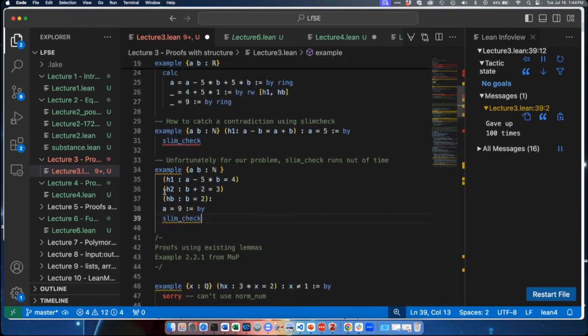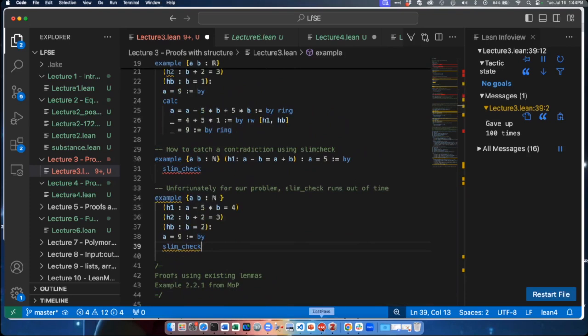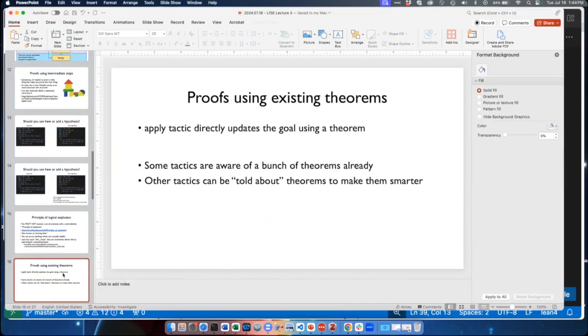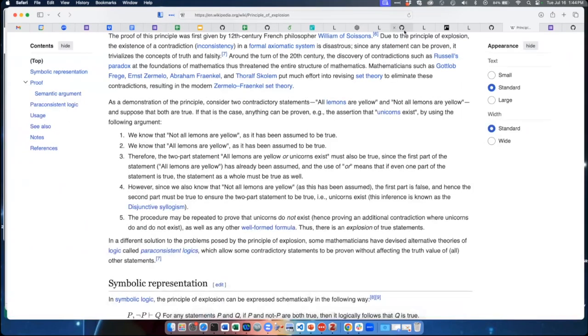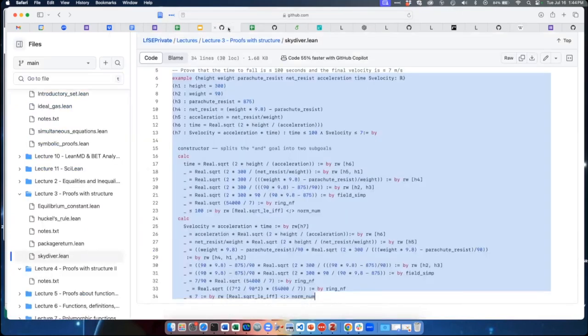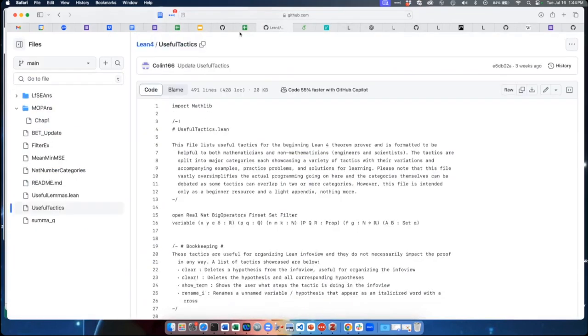All right, so next is using existing lemmas. So here we have, in mechanics of proof, okay, so I'll just recap a bit.